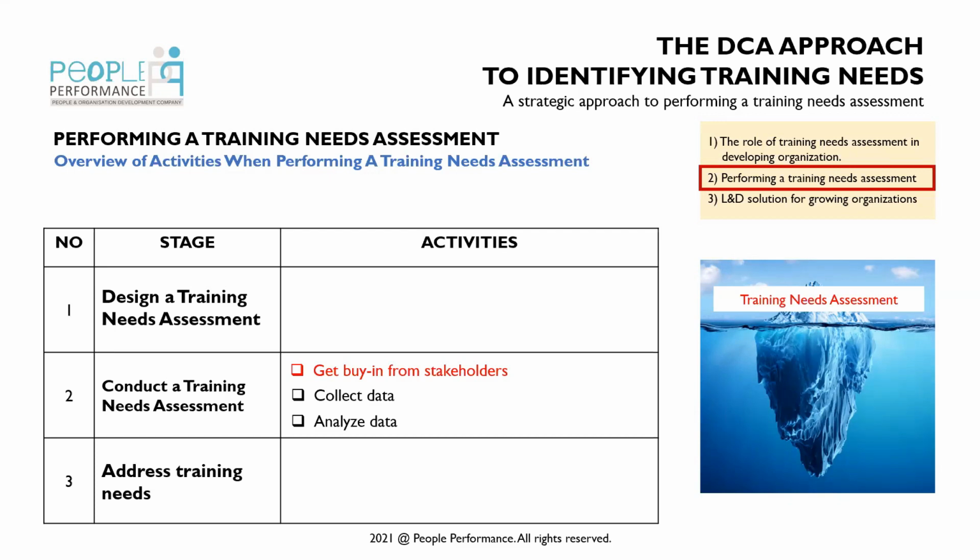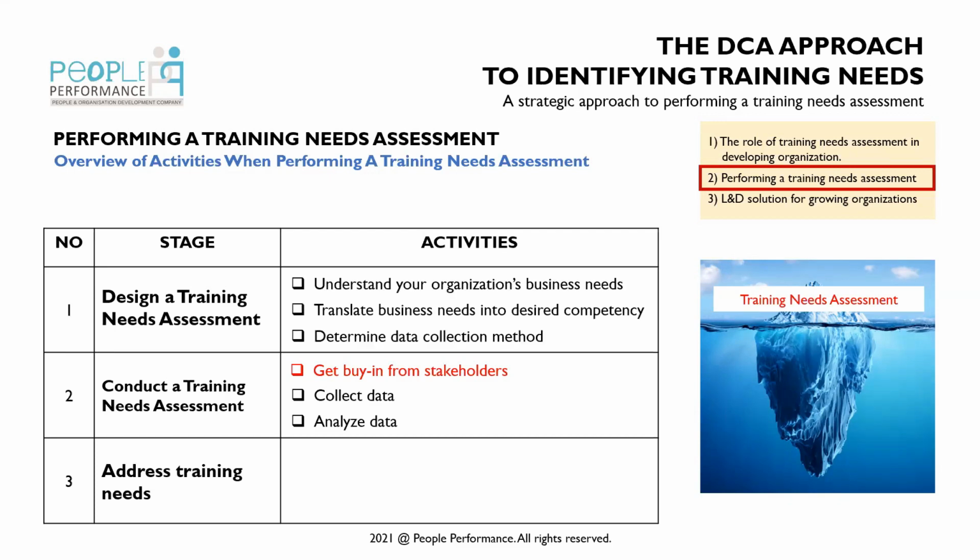Now, what do we cover under design and training needs? For example, you need to understand your organization's business. This I did share just now. That's the first part. The second part, you must be able to translate business needs into a desired competency. This is the skill that you want to take away: how do we translate that, by breaking down the skill, the behaviors or the competencies.